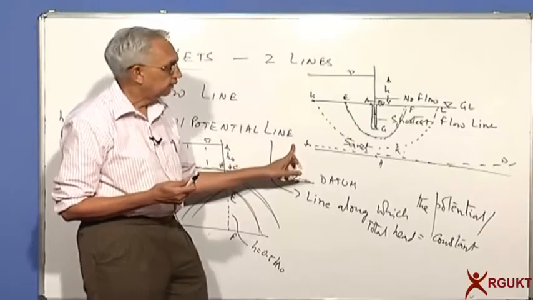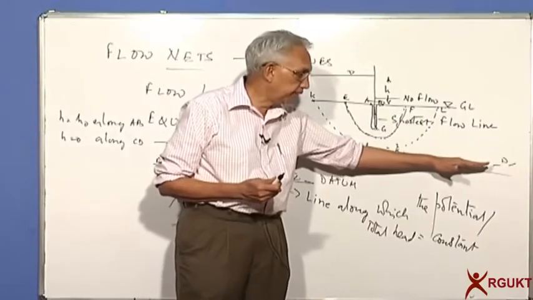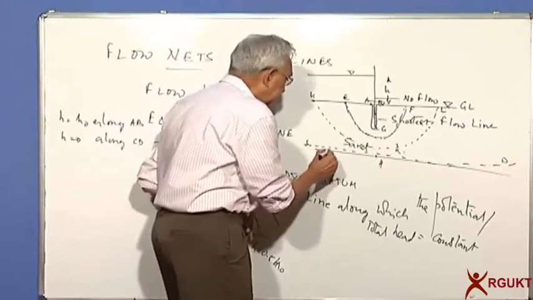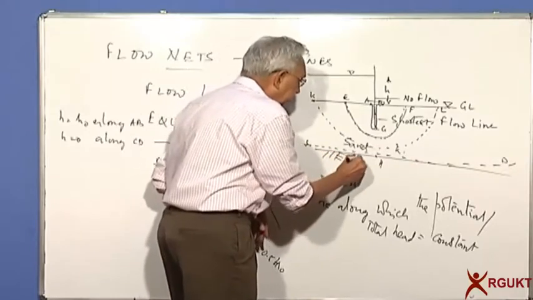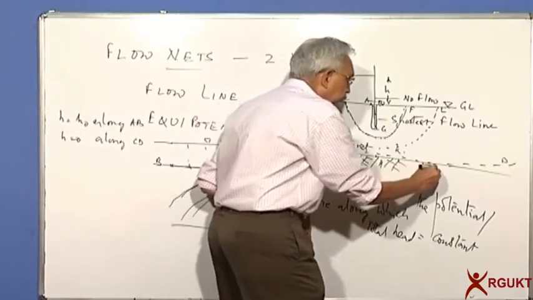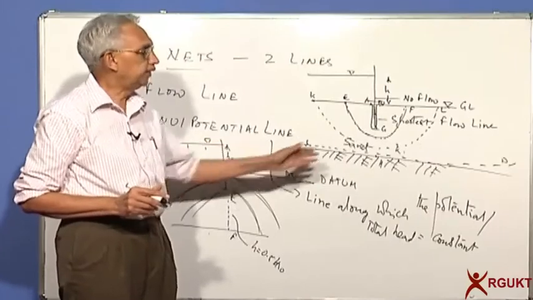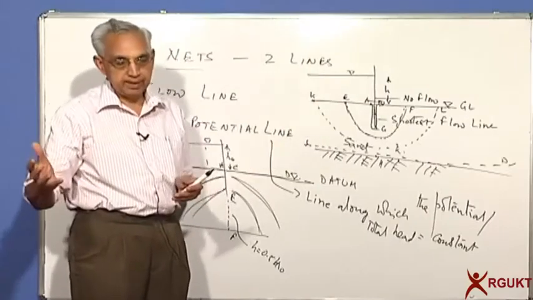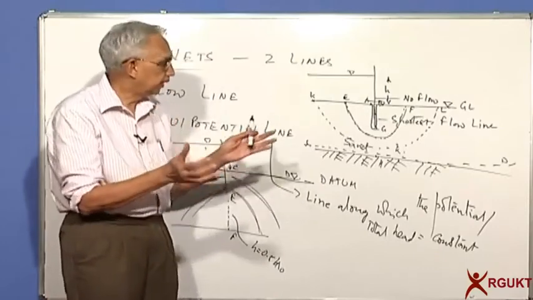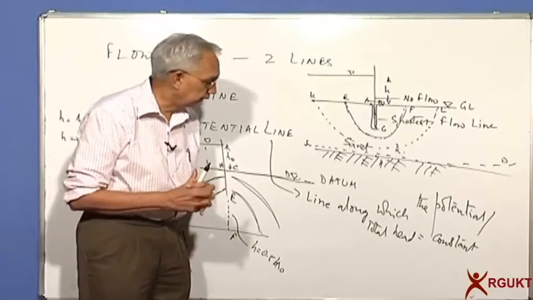Start from here, goes along the bottom impervious boundary, because no flow can take place here. As we said, the K of this medium is 0. So if there is no K, there is no flow. So water has to flow along the surface and it will go to the right, maybe another 500 meters or 1 kilometer. And all other flow lines are bounded by these two, the shortest and the longest flow line.